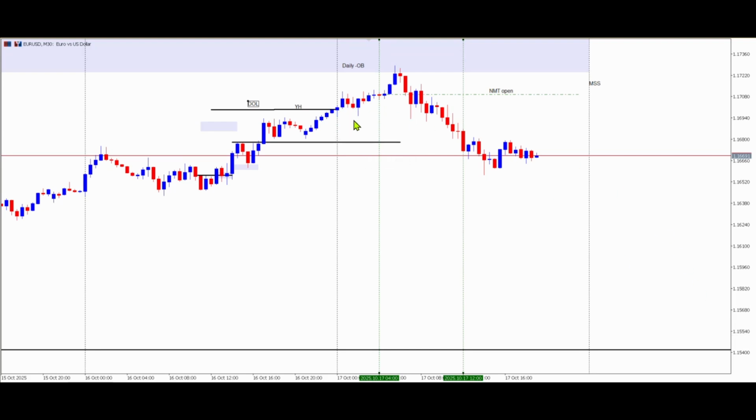So we consolidate around right here during Asia, and then we break above Asian session. During the London session, we take out this Asian session high, grabbing liquidity above right there.